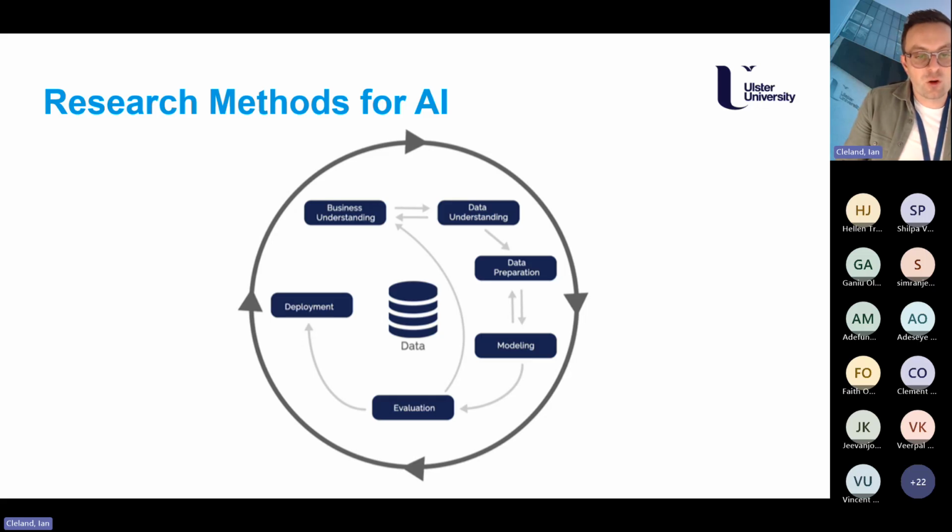You might have a section on data preparation, so how you pre-process that data set for your modeling. You might have a section on the different techniques that you might use. You might have something on the evaluation criteria or metrics that you might want to use to evaluate that modeling approach. And then you might think about how, if you were in the future going to use this model, you might actually deploy it into a real world environment.